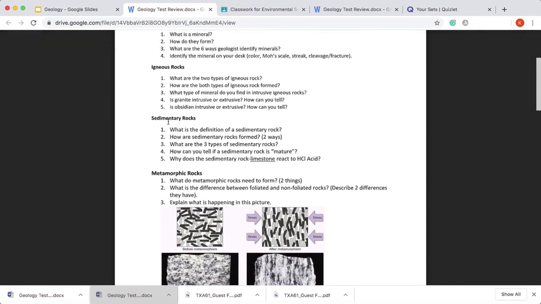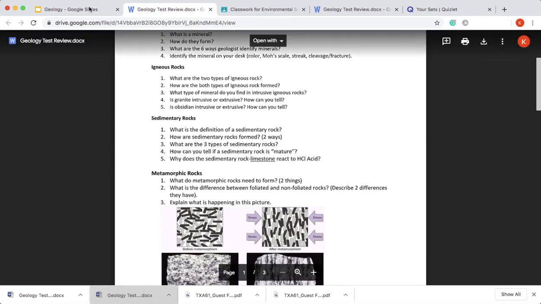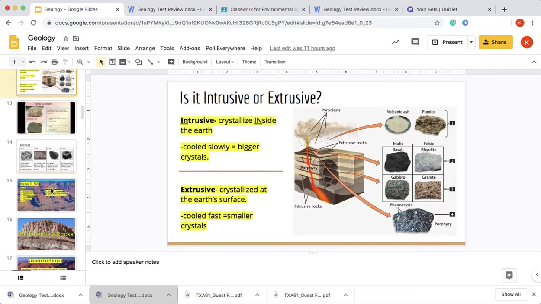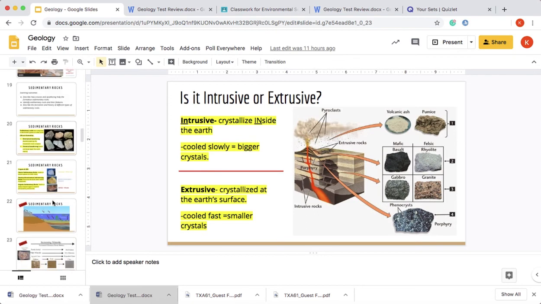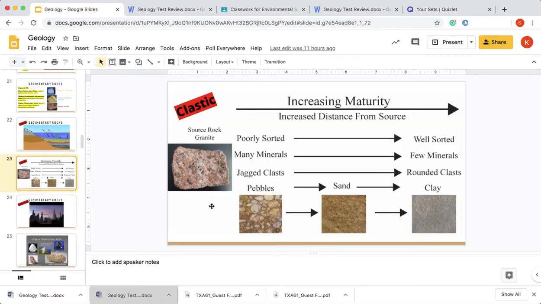Moving to sedimentary, I feel like this is going to be pretty easy for you. 4 and 5 may be difficult. So how can you tell if a sedimentary rock is mature? If you refer back to the notes, I have a diagram here that shows a rock that is immature and a rock that is mature. Conglomerate is very chunky.